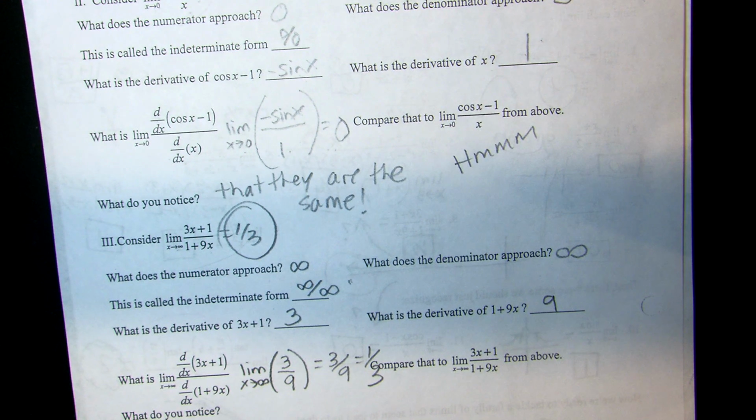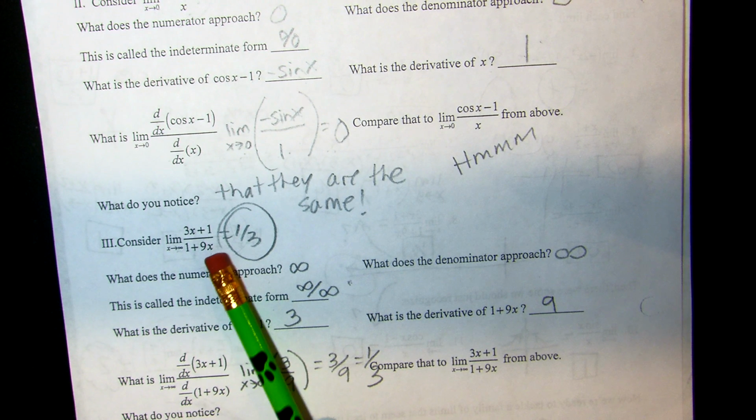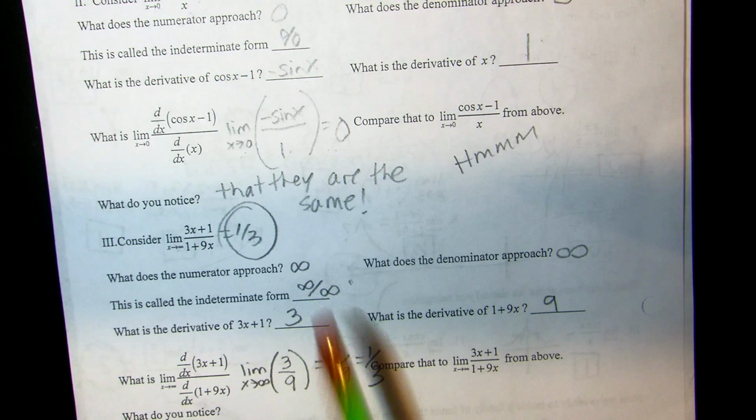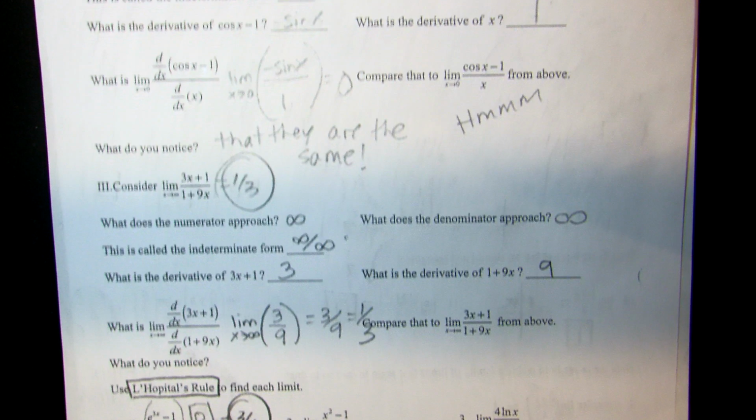I would not recommend that you use L'Hopital's rule for a problem where you could use end behavior, because I feel like end behavior shows way more understanding. You have a graphical understanding of the problem at large, but I just wanted to show you that L'Hopital's rule does work with this form as well.